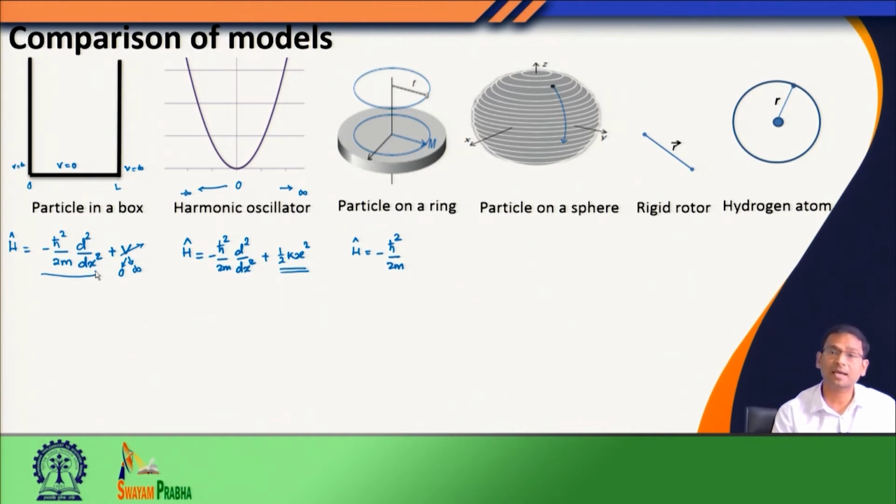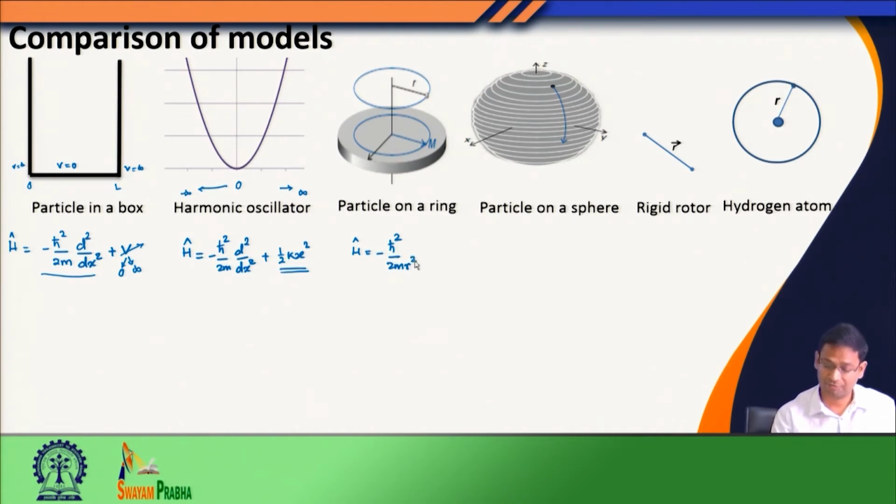Instead of writing it in Cartesian coordinates, we changed the coordinate system and went to a spherical coordinate system, where the variables are r, theta and phi. But as long as the particle is moving along a particular radius r, r is constant, and as long as the particle is going around a ring, that means on one plane, theta is also constant. So, I have only one variable which is varying, that is phi.